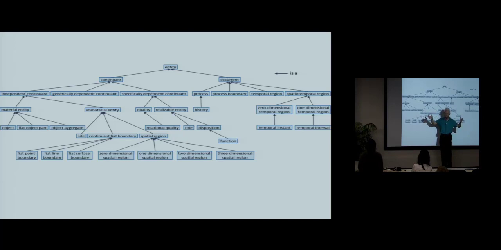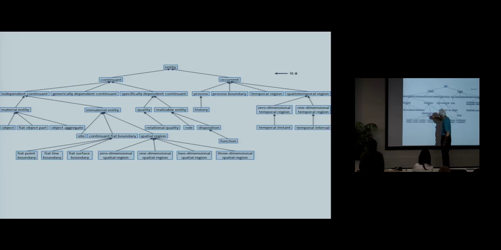It's not made of anything, but it's not an attribute, and it's not a process. It's a site, it's a place, a whole with an H. But there are other kinds of immaterial independent continuants which are what we call continuant fiat boundaries. And they're basically the boundaries of things. So my boundary, the boundary of my body, is a continuant fiat boundary.